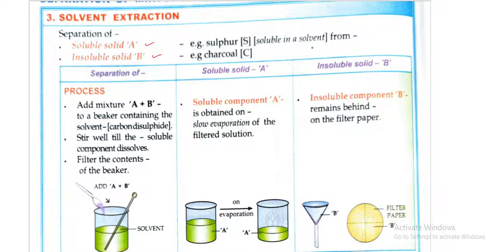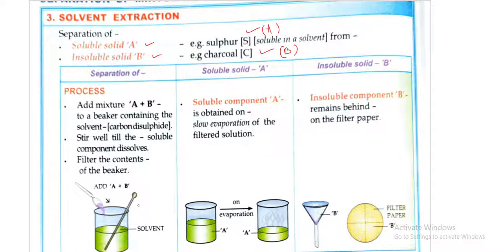For example, sulfur is our A, and charcoal or carbon is our B. Now A and B are mixed together and dissolved in a solvent where only one of the substances dissolves. Remember, students, if both dissolve, then we cannot take that solvent. If neither dissolves, then also we cannot take that solvent. We have to take a solvent where only one substance dissolves.